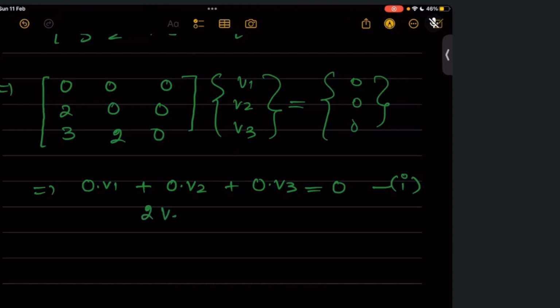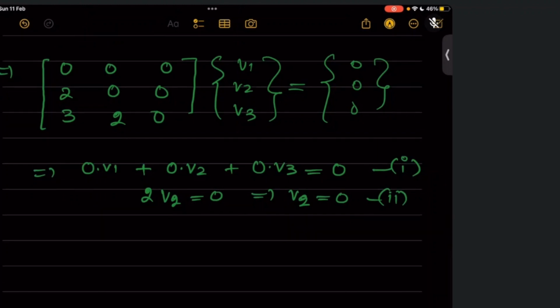From here 2v1 is equal to 0, which implies that v1 is 0. Correct? Sorry, it is going to be 2v1. So 2v1 equal to 0 corresponds to v1 equal to 0.